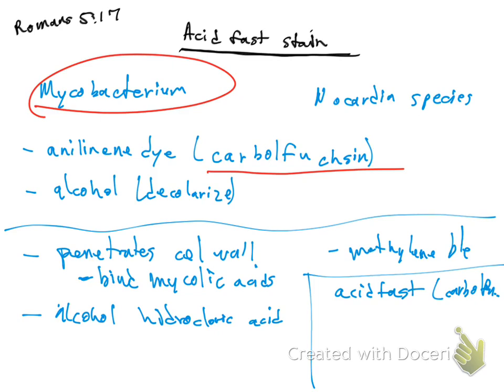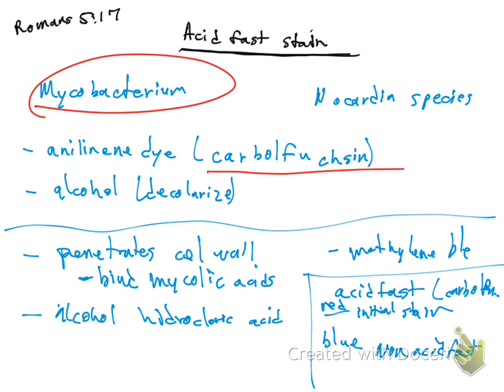So this one is going to be red, acid fast, and the other is going to be blue, which is the non-acid fast. And don't forget that this red is basically the initial stain. Okay, so with that in mind, we can move on.